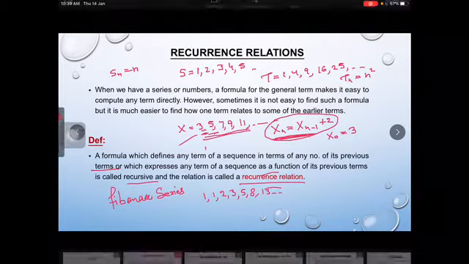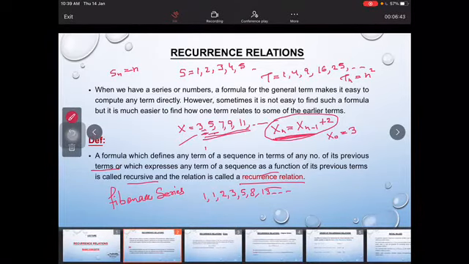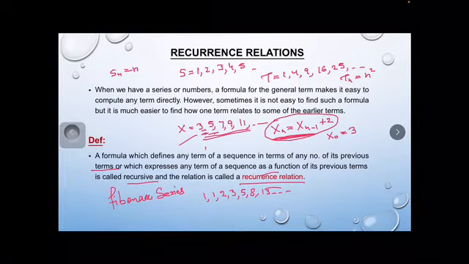In it, the next term is the sum of the two previous terms: 1 plus 1 is 2, 2 plus 1 is 3, 3 plus 2 is 5.